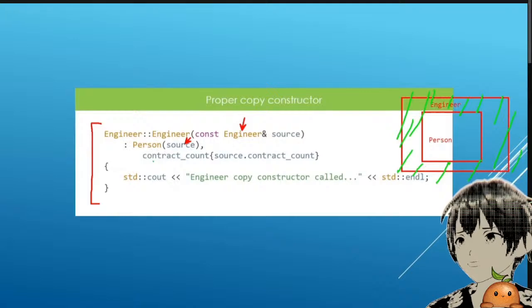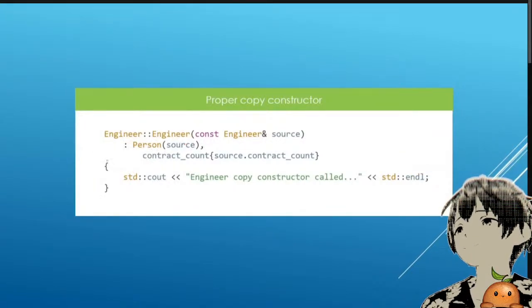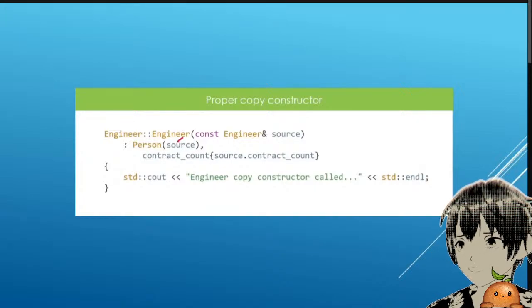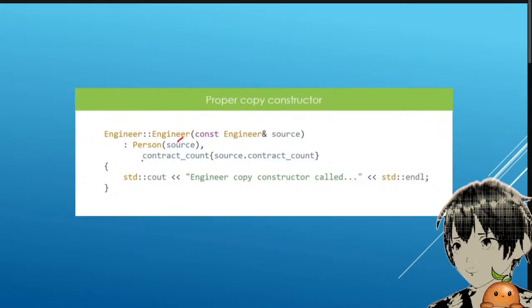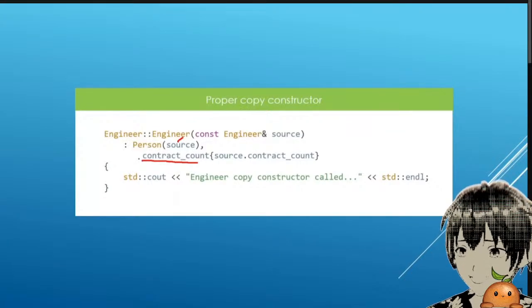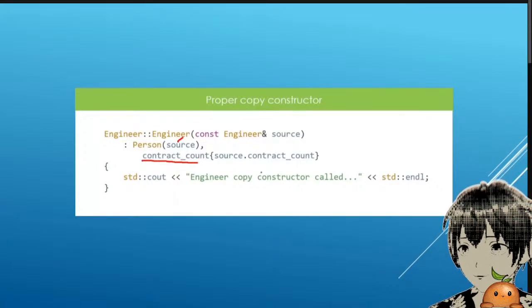And this is really smart, and it is going to work. So again, the syntax is what you see here. We say person, we pass in our source object, and then we can initialize the member variables that belong to the engineer part of us. We will be initializing contract count, and this is going to work.